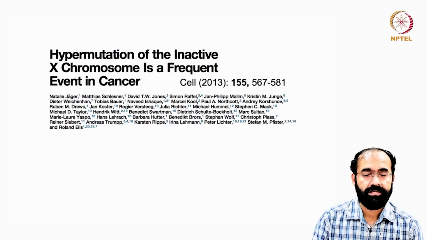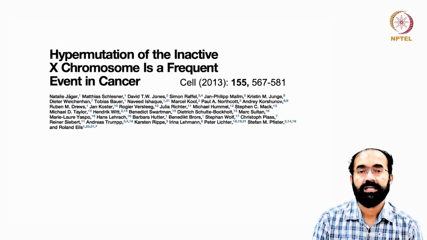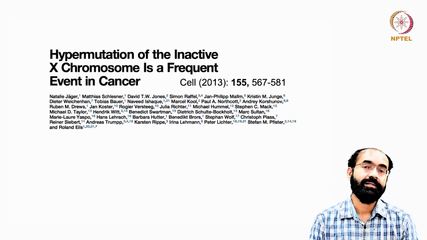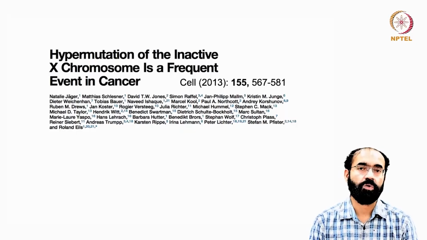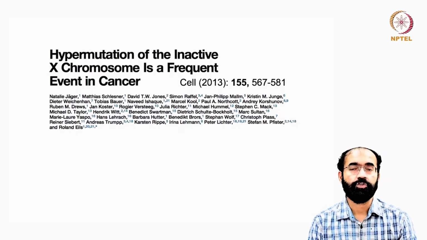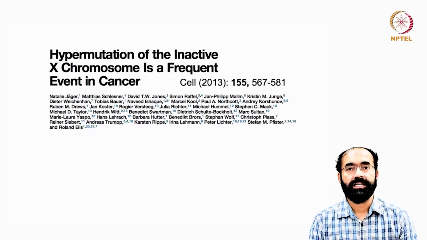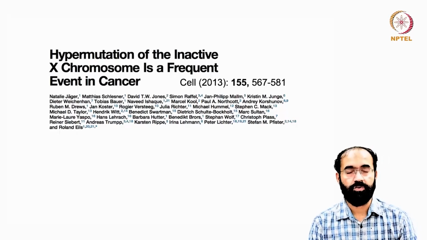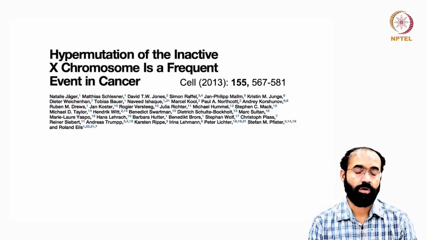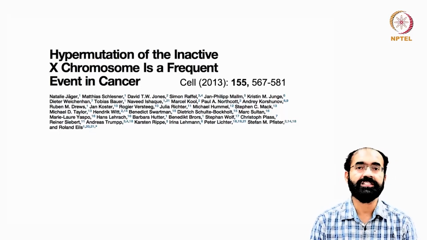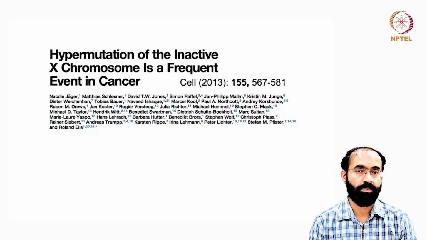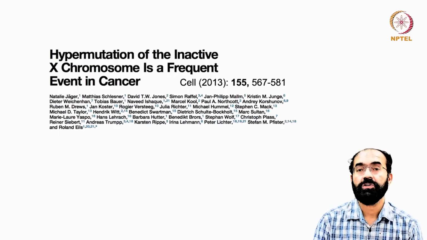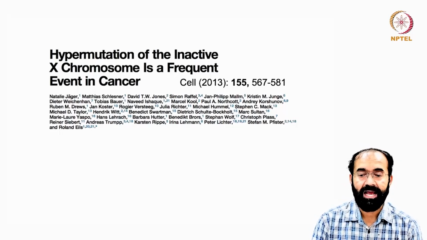This paper discusses one more important thing: the mutation rate is seen to be very high in the inactive X chromosome, the so-called bar body, which is meant to be non-functional. It is accumulating lots of mutations compared to its counterpart, the active X chromosome, which has fewer mutations, or is just like any other normal chromosome, whereas this inactive X chromosome accumulates lots of mutations, and we call it hypermutation.